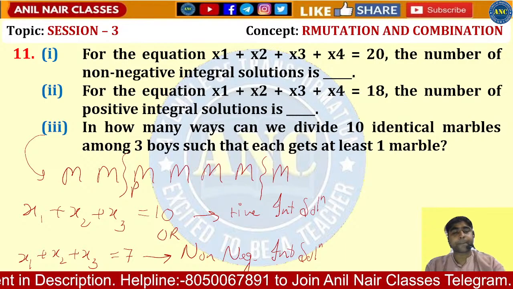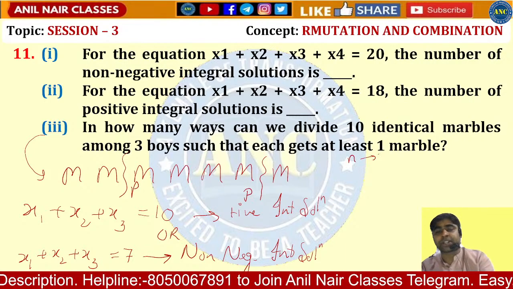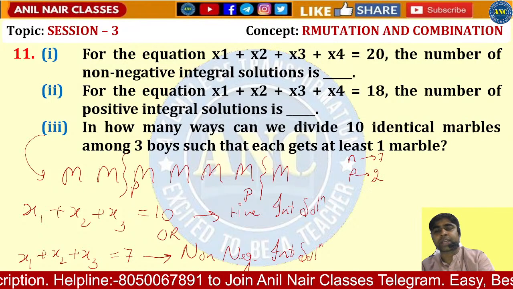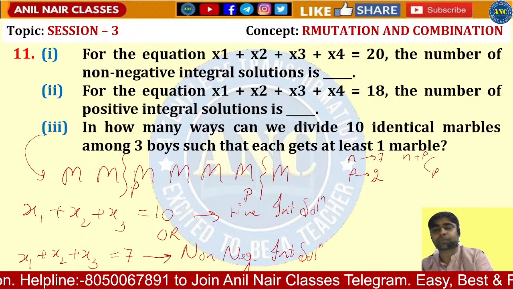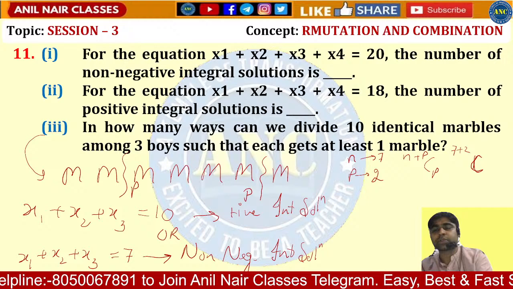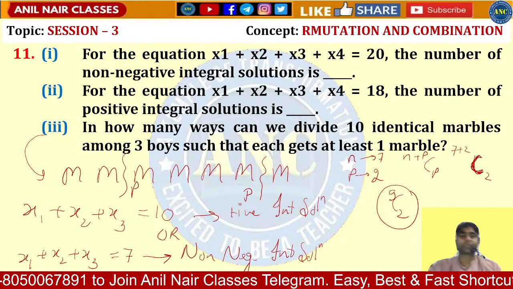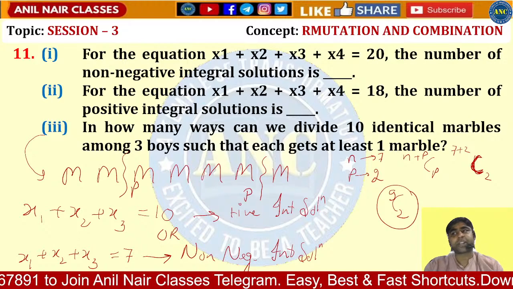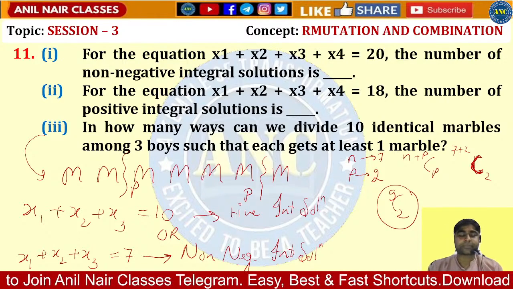So n would be 7 now, p would be 2 now, so (n plus p)Cp, so 9C2 would become my answer to this particular question. Understanding?